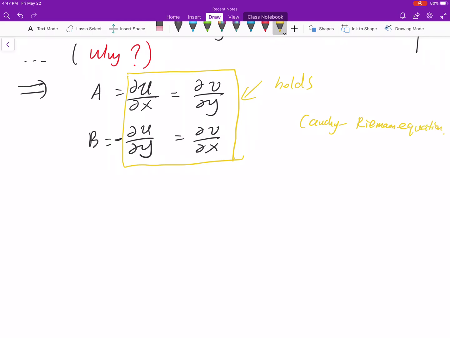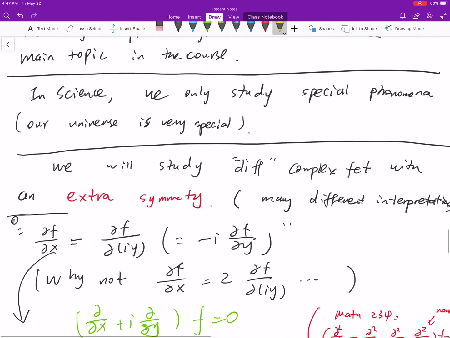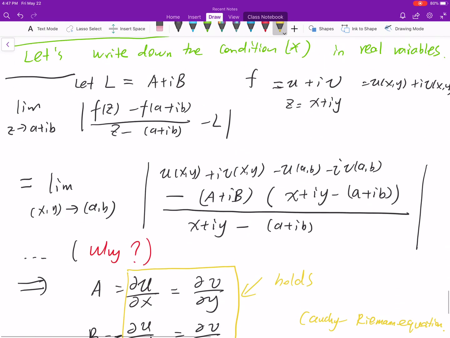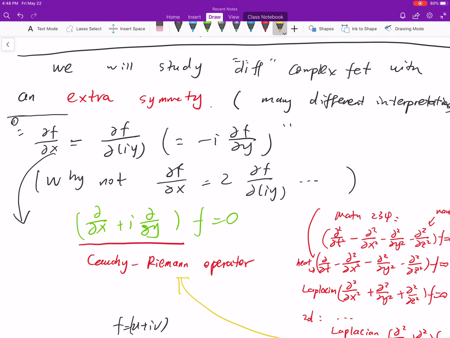So this approach is more natural. It tells you why we expect that, because we want to have some analog of the real case. But the computation is a little bit messy. The first approach doesn't tell you the motivation, but it's easy to remember and manipulate.